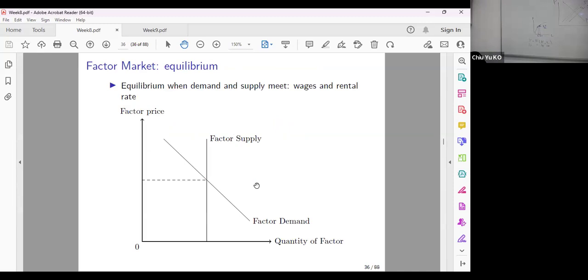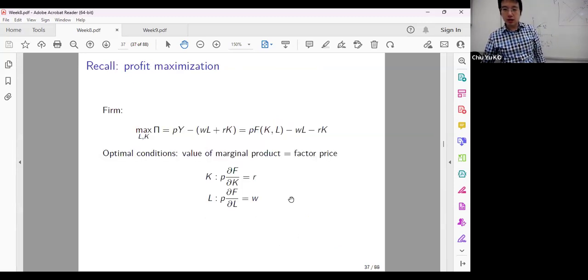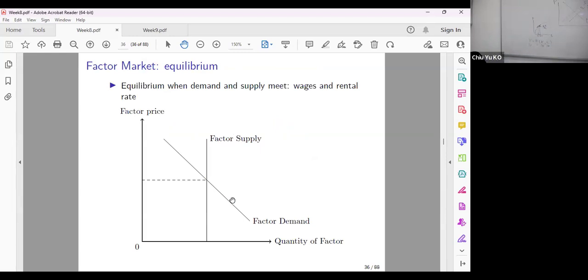And this factor demand, according to competition, depends on the marginal product of labor. This is decreasing. So this is determined by technology. How steep this is is determined by how technology looks like, and where it locates.